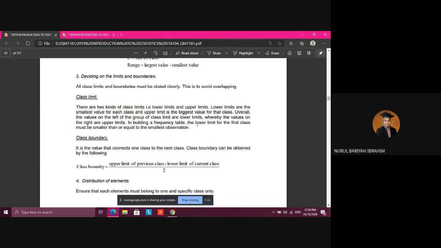In building the frequency table, the lower limit for the first class must be smaller than or equal to the smallest observation. Either smaller or equal to the smallest observation. Okay, so that is the thing that you should know.